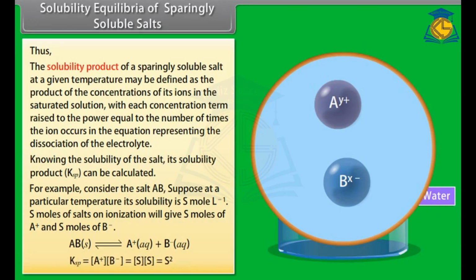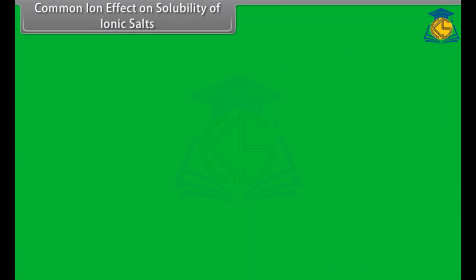Ksp = [A+][B-] = S × S = S². Common ion effect on solubility of ionic salts.